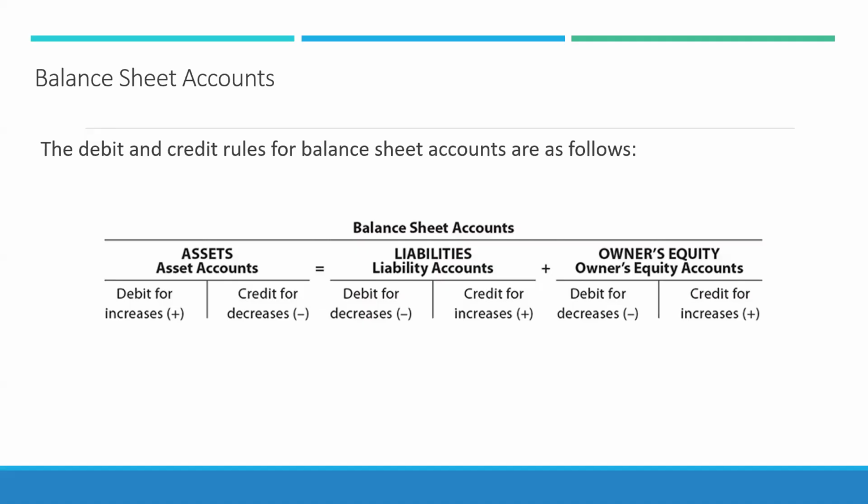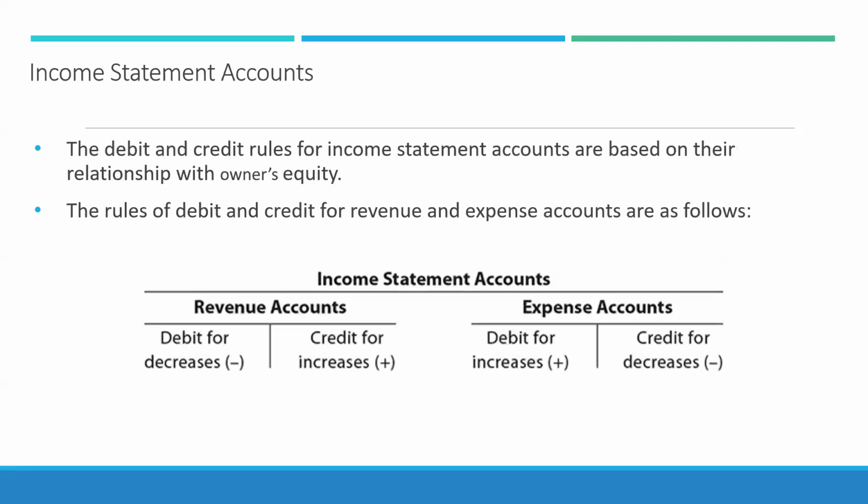So, liabilities and owner's equity, do you see credits increase them and debits decrease them? Okay. The income statement, know that revenues and expenses are ultimately going to flow into owner's equity.